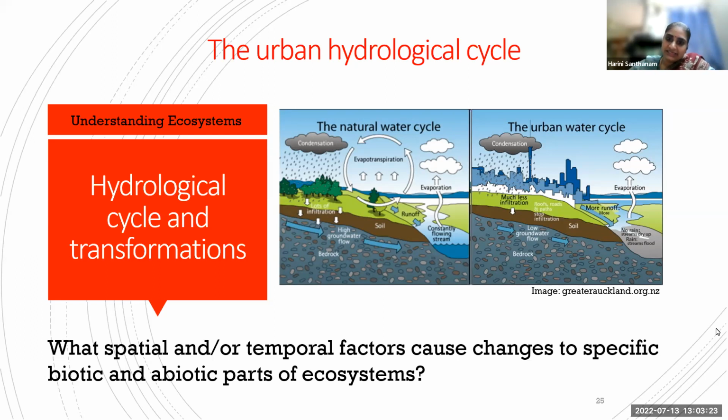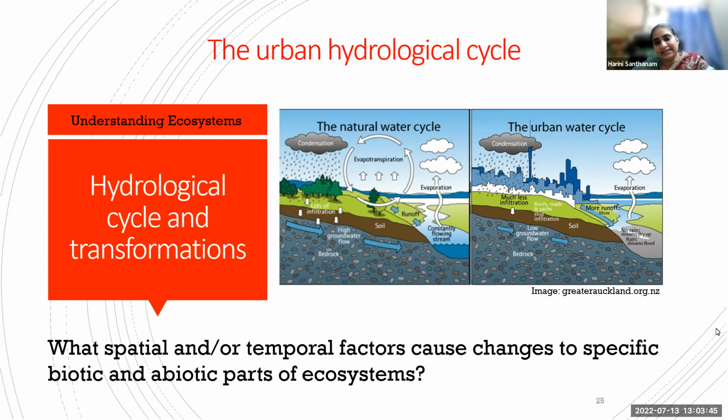So if there is a mismatch in the hydrological cycle, as is happening in an urban water cycle, then the spatial and temporal factors will cause a more rapid scale of damage as well as a more widespread scale of damage to the biotic and abiotic parts of the urban ecosystem also.